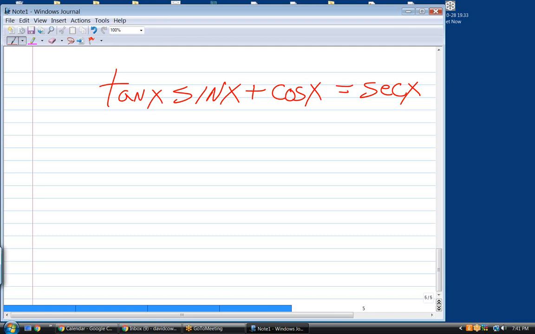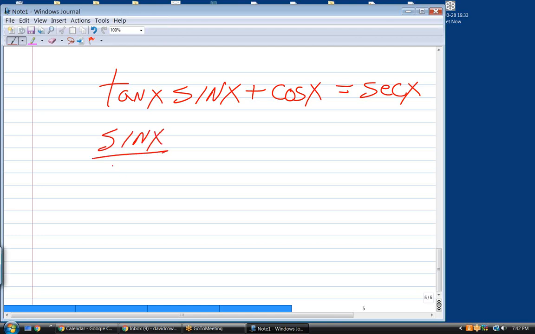In other words, I can't divide both sides by secant x. That's one of the things you cannot do. And there's some special things you can do that you wouldn't normally do in solving an algebra equation. But if all else fails, switch everything to sines and cosines and go from there. So we haven't tried anything else, but I'm betting that that's the best way to solve this.